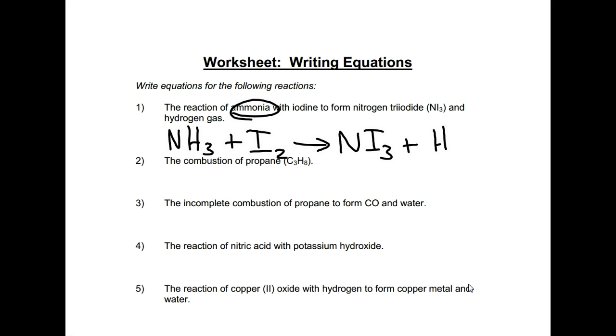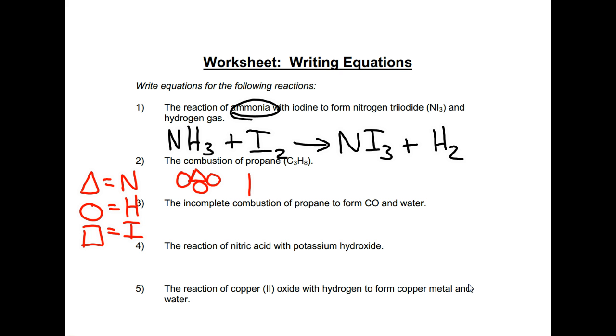And hydrogen gas, and again, hydrogen is diatomic. You don't have to know whether these are gas or any of those kinds of things. So if I write that out, and then I let my triangle be an N, let's make a circle be an H, and let's make a square be an I, then I have a triangle, circle, circle, circle, and I've got I2, which is going to be a square, square.